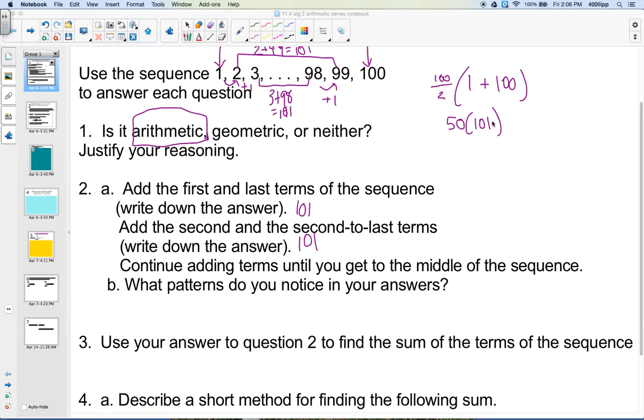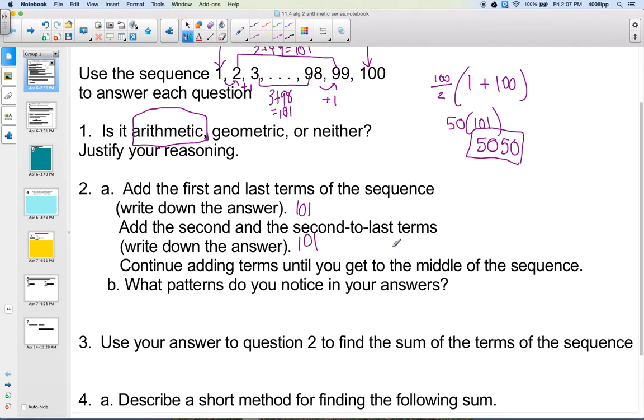And that's how you would find the sum of all of the numbers from 1 to 100, instead of going through and actually adding them all up. So when you multiply this out, 50 times 101, you get 5,050. And that is the sum of all the numbers from 1 to 100.